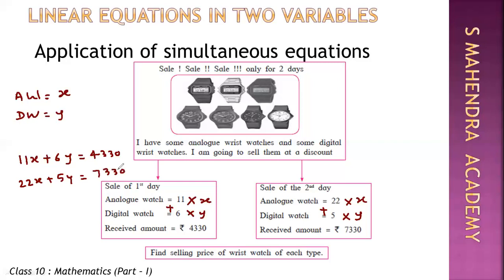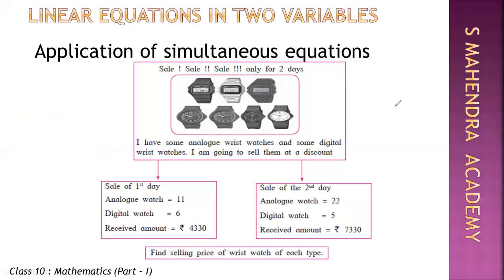7330. So we have got these two equations for same condition. So we can assume both equations as simultaneous linear equations in two variables, and after solving this equation we will get the selling price of wristwatch of each type.